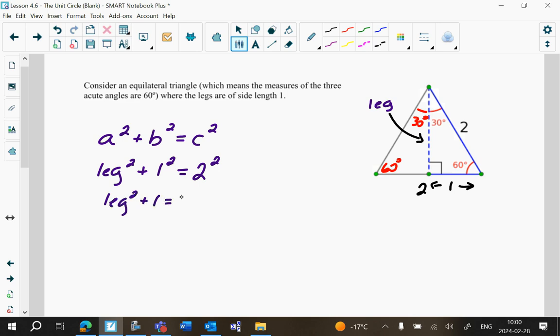Subtract both sides by 1, the leg squared will equal 3. Therefore, the leg is going to be the plus and minus square root of 3, but we don't use minus. So it's going to be root 3. And again, don't go to decimal. Leave it exactly. As soon as you punch it into your calculator and estimate, you're rounding it. You're no longer stating it exactly.